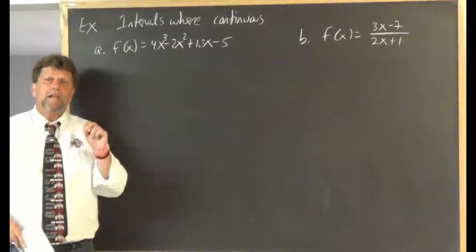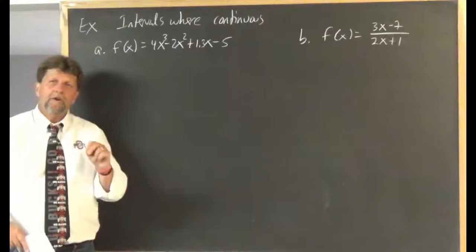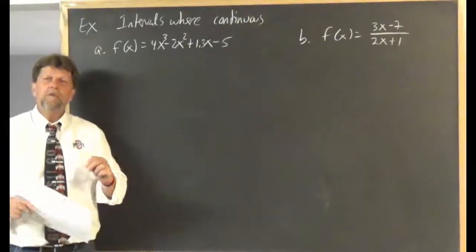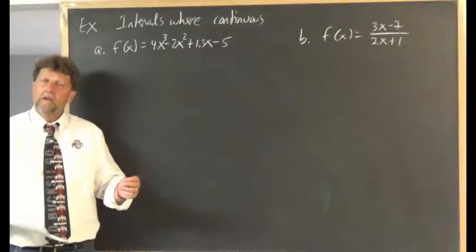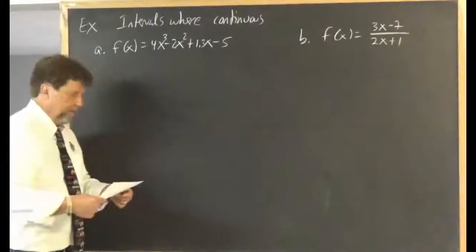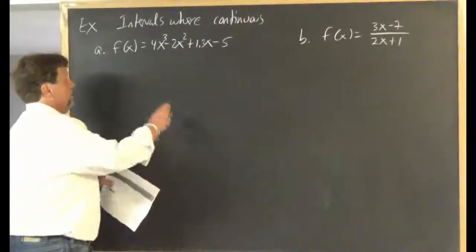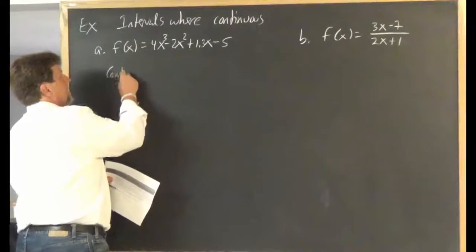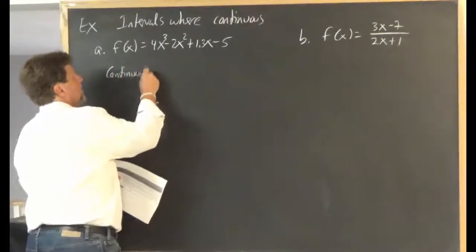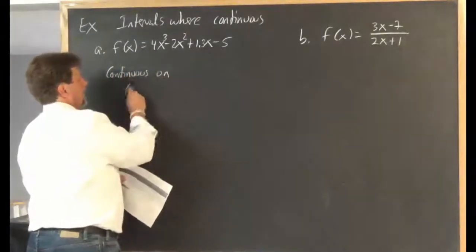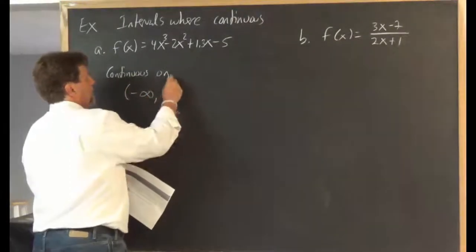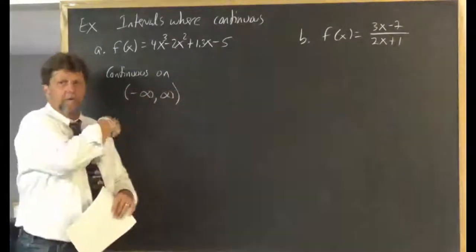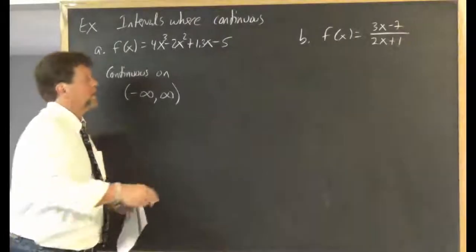But it's polynomial. Polynomial functions are continuous everywhere. So because it's a polynomial function, I would say it is continuous everywhere, from negative infinity to infinity, parentheses around both.